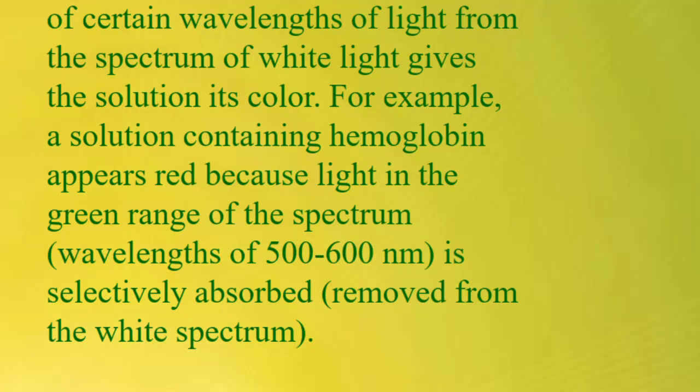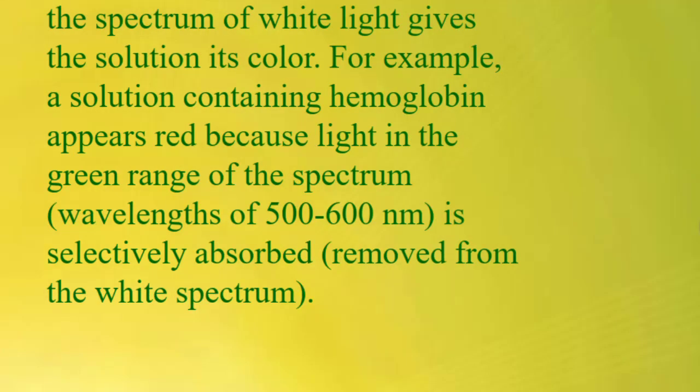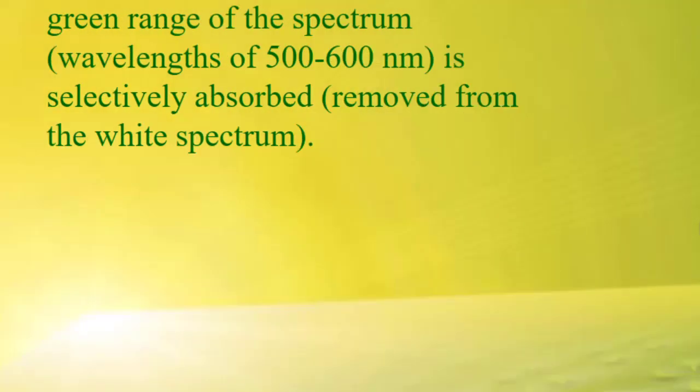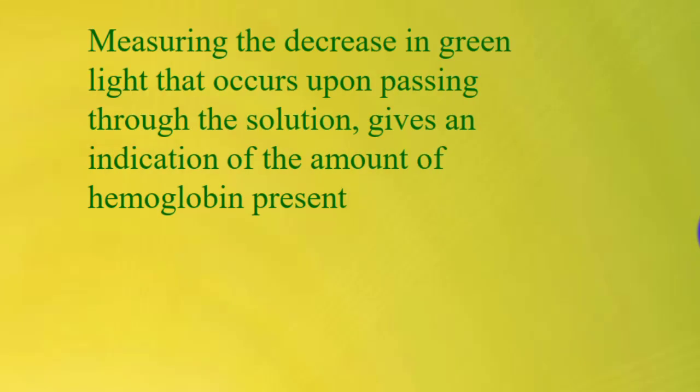For example, a solution containing hemoglobin appears red because light in the green range of the spectrum, wavelengths from 500 to 600 nanometer, is selectively absorbed, removed from the white spectrum. Measuring the decrease in green light that occurs when passing through the solution gives an indication of the amount of hemoglobin present.